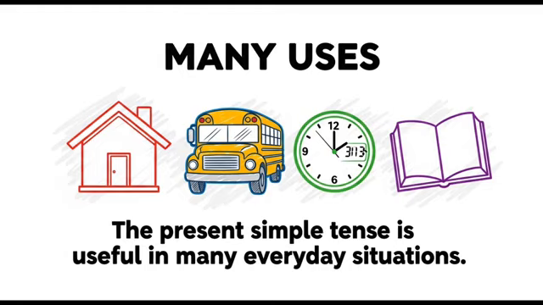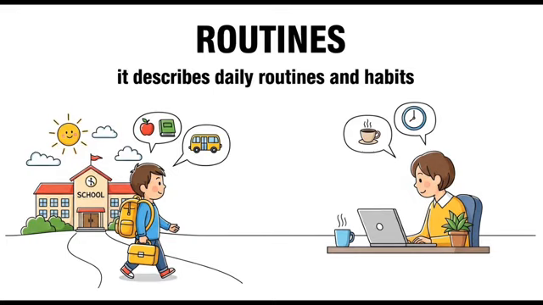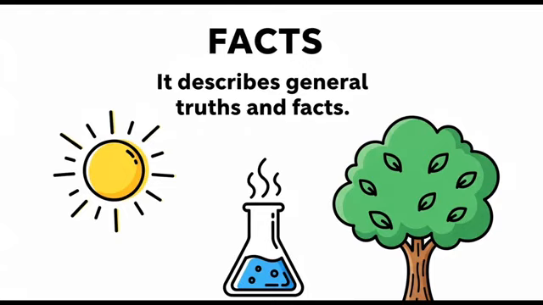2. What the present simple tense describes. The present simple tense is used in many everyday situations. First, it describes daily routines and habits, like waking up, eating, going to school, or working. Secondly, it describes general truths or facts, things that are always true in life or science.